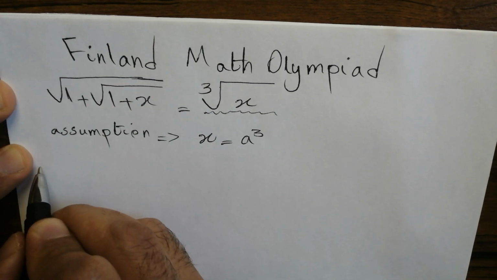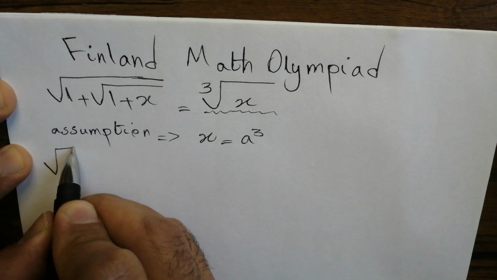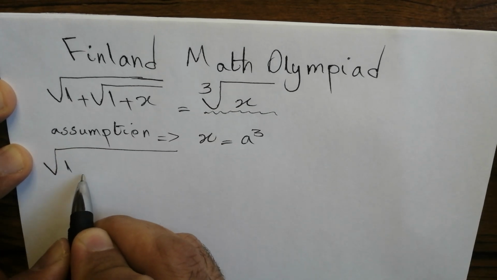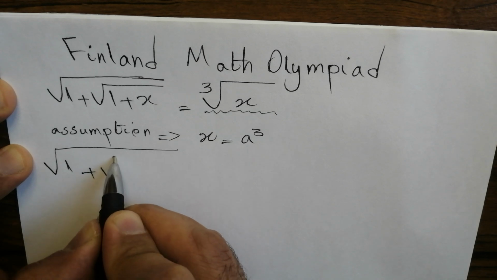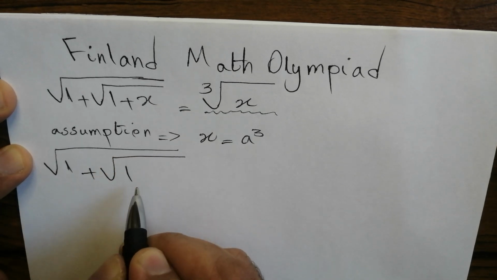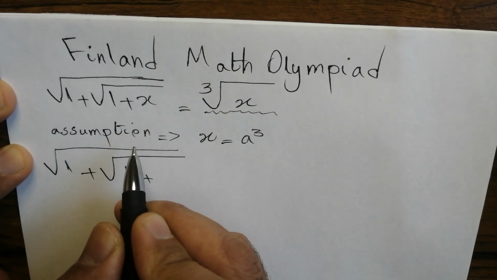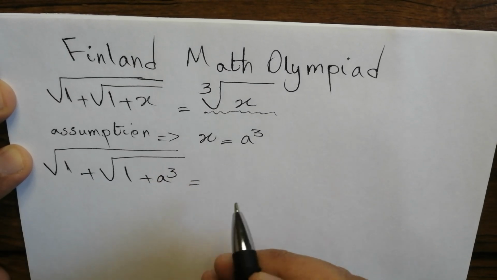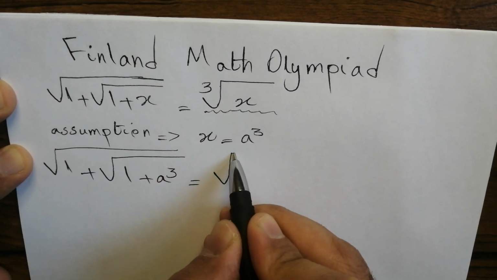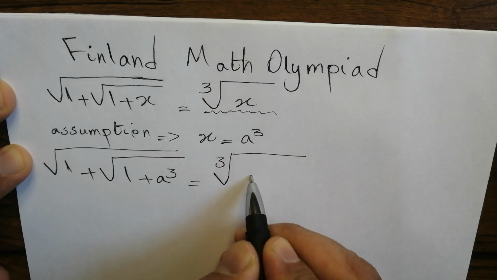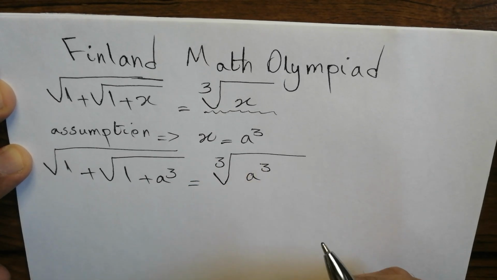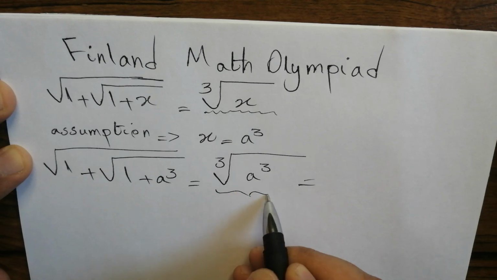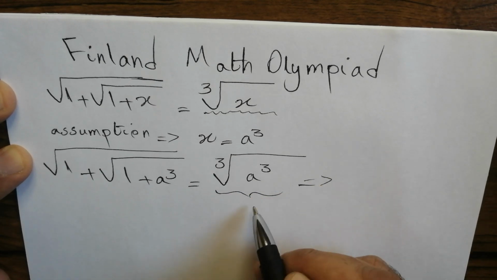So let's write the whole thing again. The square root of 1 plus the square root of 1 plus, so instead of x, we write a cubed, equals the cube root of a cubed. So this whole thing equals a, right?